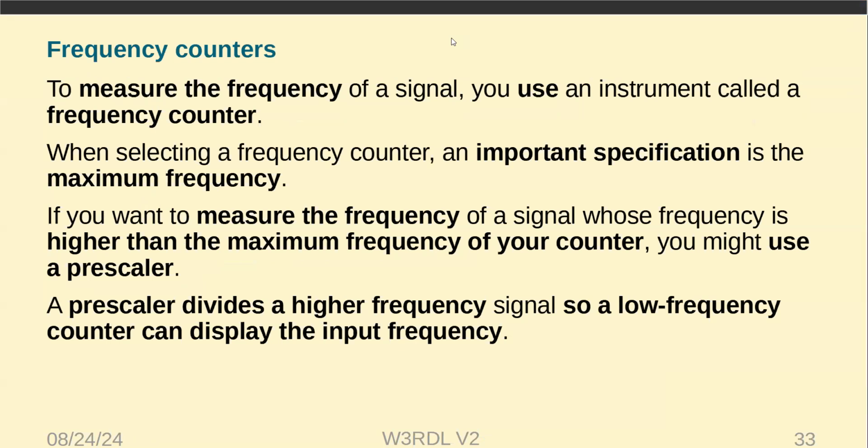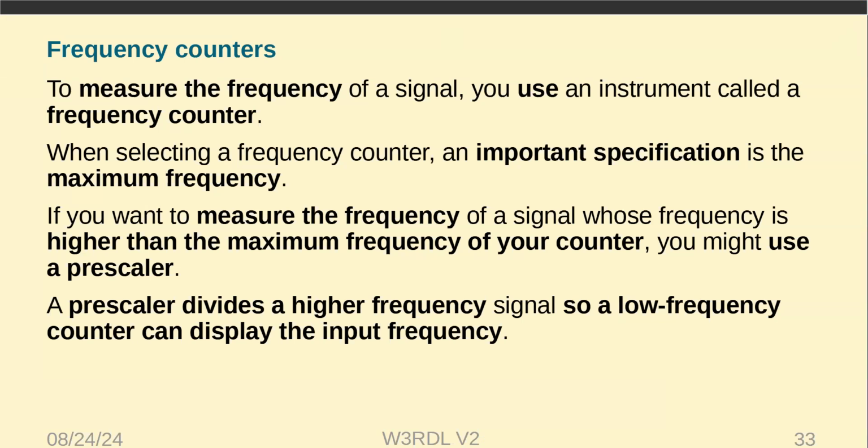Okay, another piece of equipment is a frequency counter, which you can use to measure frequency. If you want to see if you're transmitting on the right frequency, you might want to check the actual output or your internal VFO oscillator and measure the frequency it is set for.